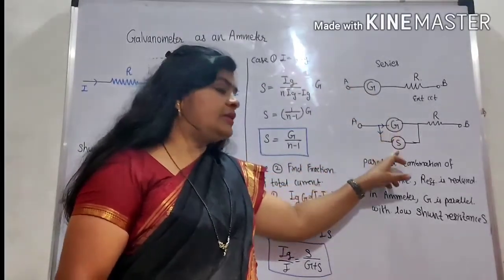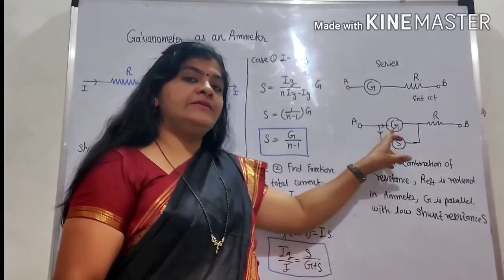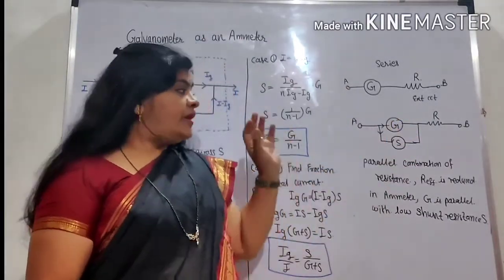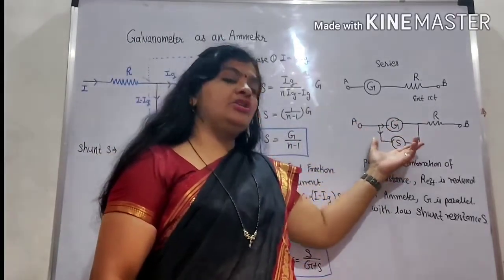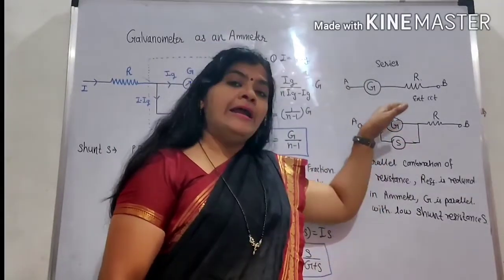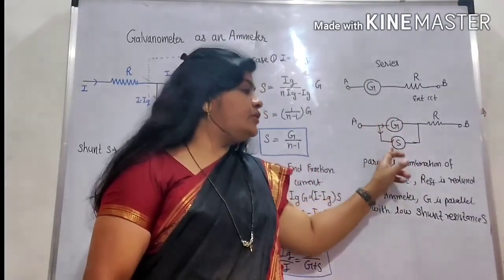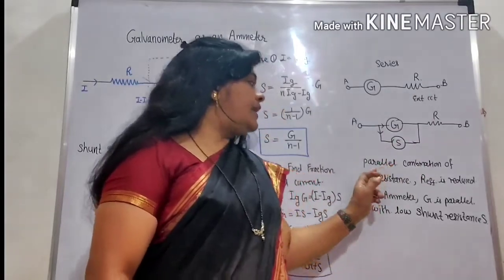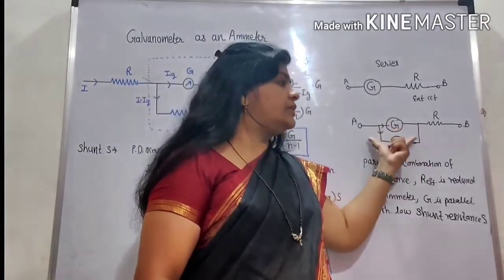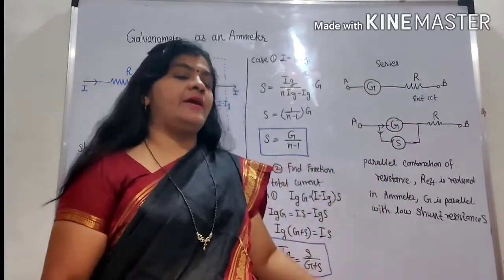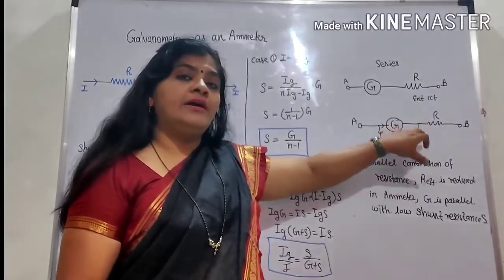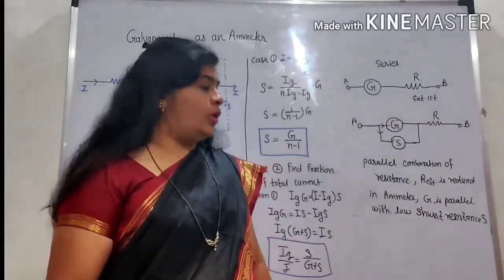That's why we use a low resistance, the shunt S, connected in parallel. When it is connected in parallel, the resistance of the combination automatically decreases, and because we use a low resistance, the current drawn by the combination of galvanometer and shunt resistance in the circuit will be lower.